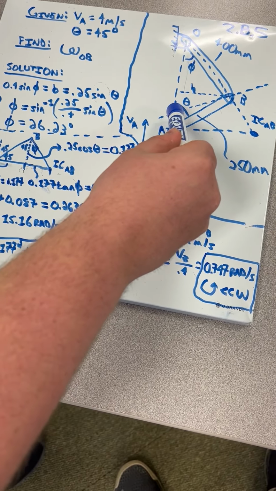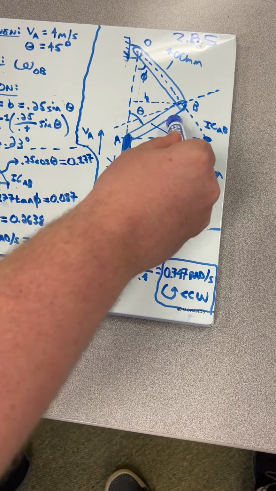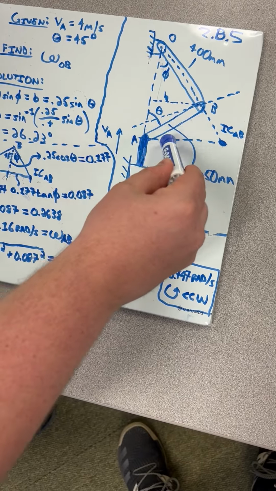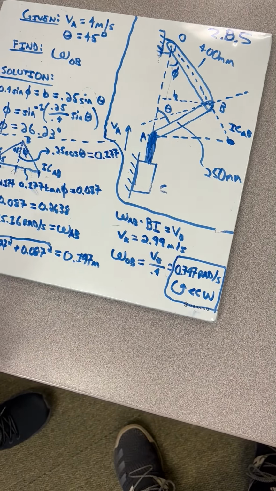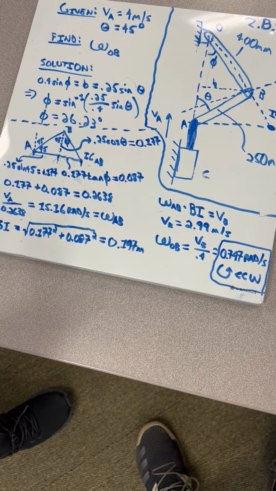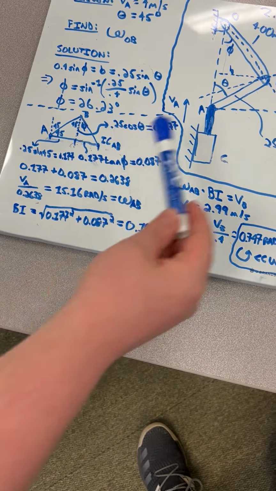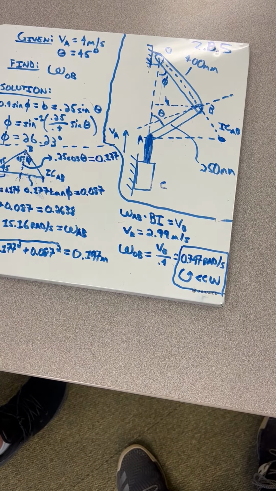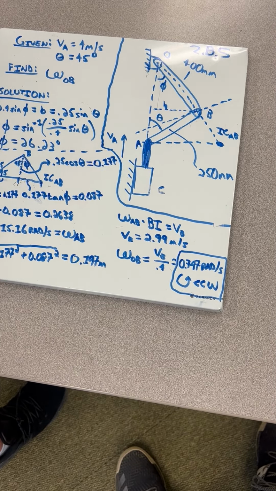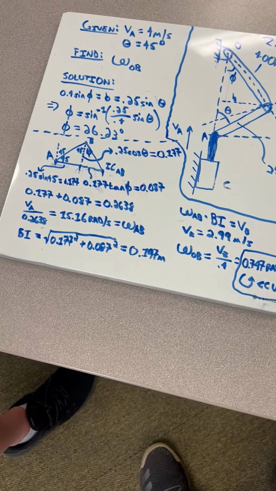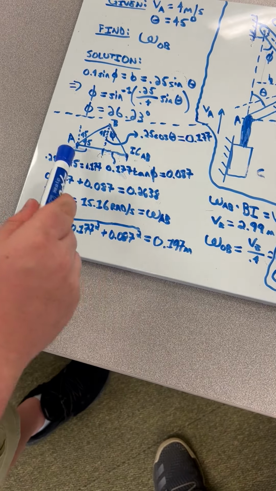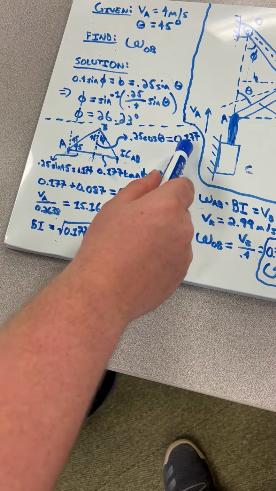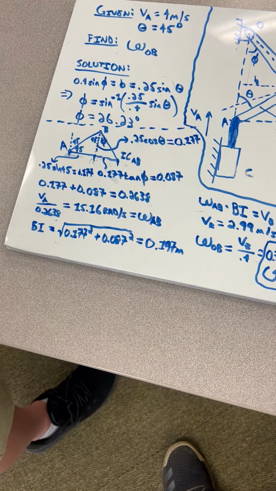This angle is 45 degrees, and this angle must also be 45 degrees, which will make our calculations a little bit simpler. We know that this length is 0.25 meters or 250 millimeters. We multiply that length by the sine of theta, and we find that the length of this segment and this segment is 1.77 meters.